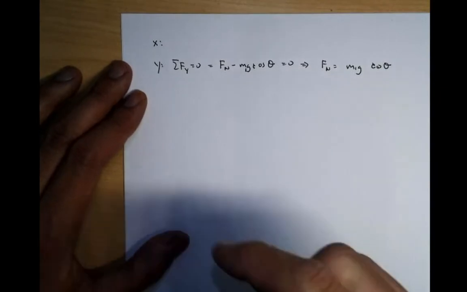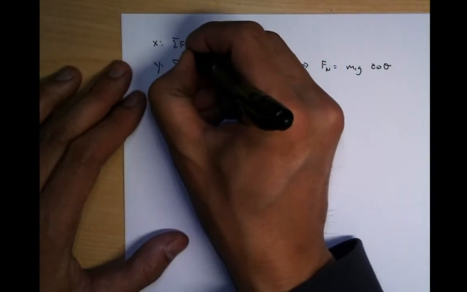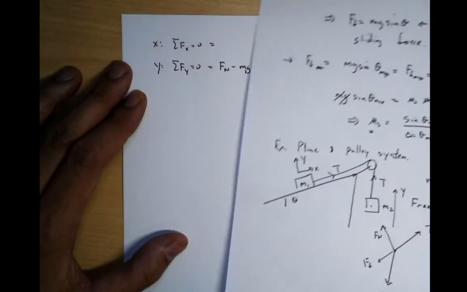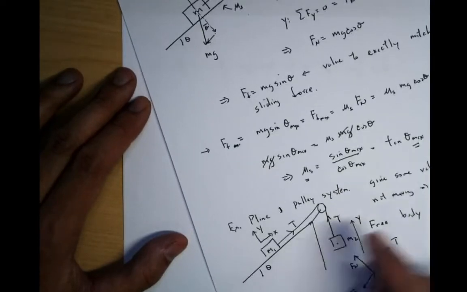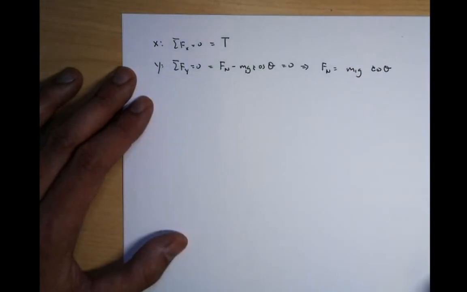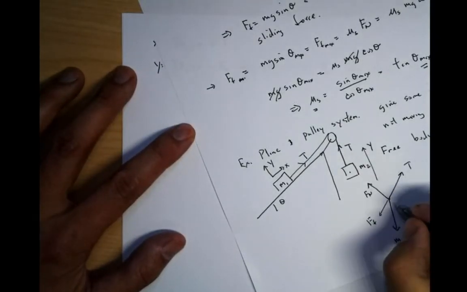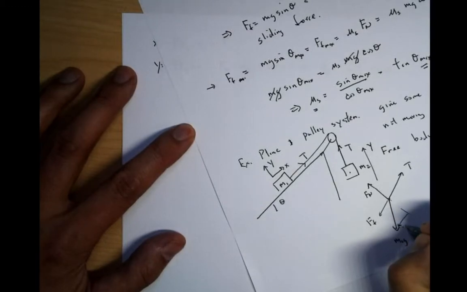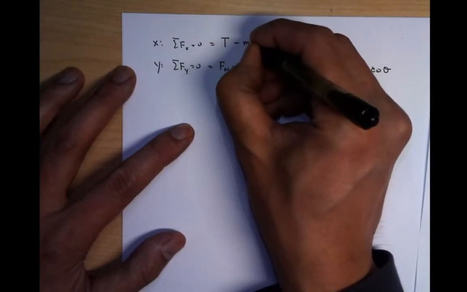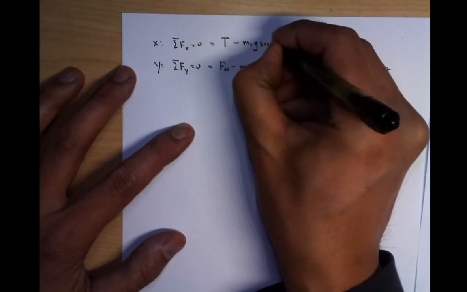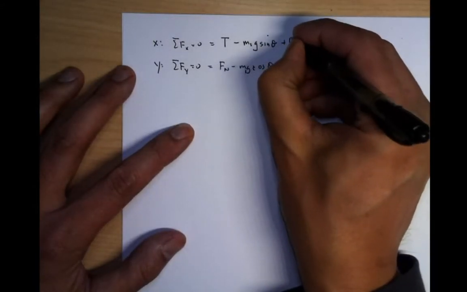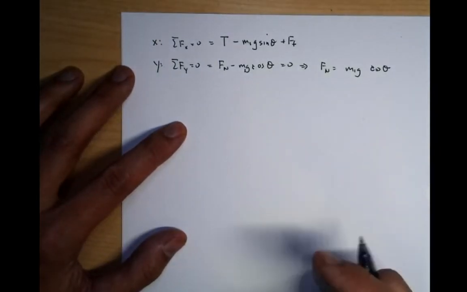Now let's do the second one. Sum of the forces in the x direction equals 0. Now this is actually a bunch of forces. Let's count them. I have a tension force, a force of friction, and the gravitational force. There's a tension force, T. I have a component along the gravitational force, that's minus m1g sine theta. And I finally have a force of friction. I'm going to just use a positive sign right now, because I don't know exactly which direction it's going to be yet.